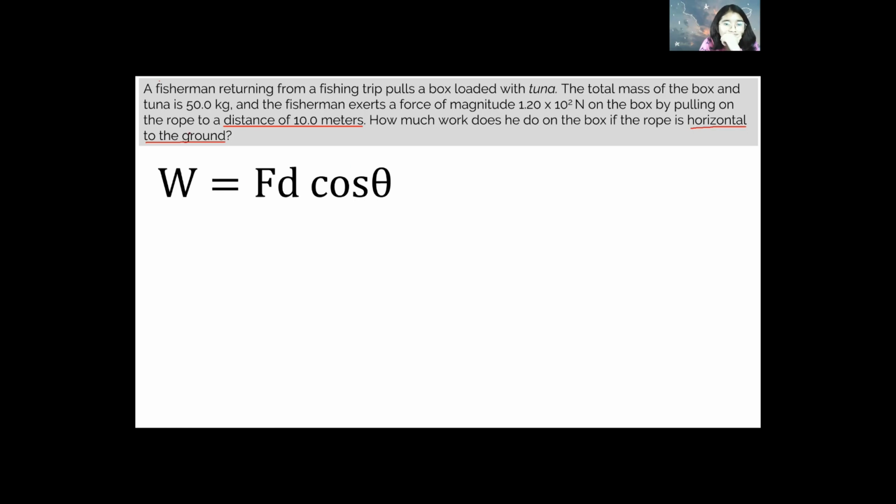Some of you are using 50.0 kilograms as the force, and some used 1.20 as the force. So which of these can we really use? Unlike with the question earlier, the bag, there is no specific force exerted. So there is no applied force.